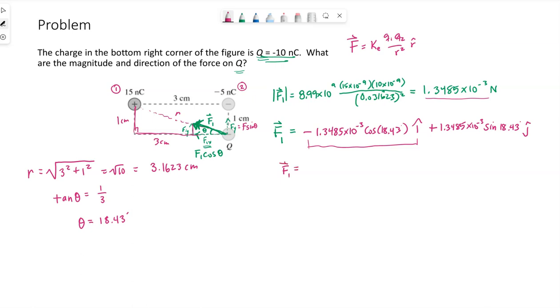So F1 would be, just plugging these numbers in, negative 1.279 times 10 to the negative 3 in the x direction, plus 4.264 in the y direction.